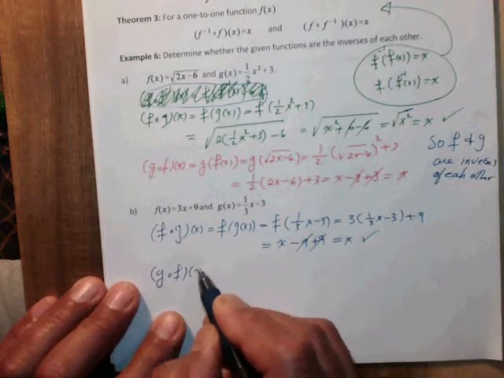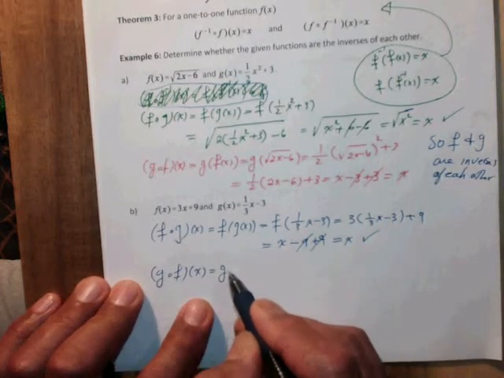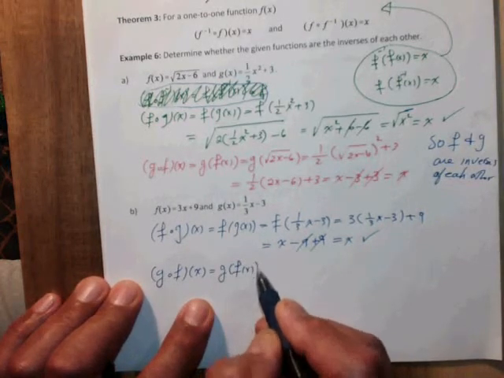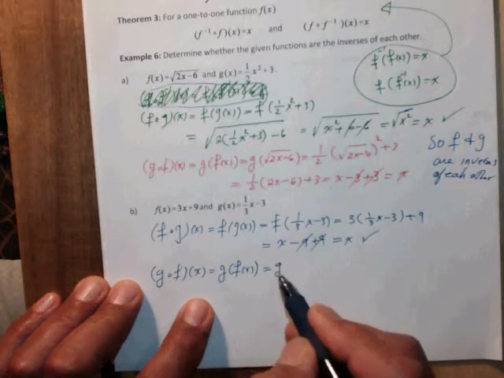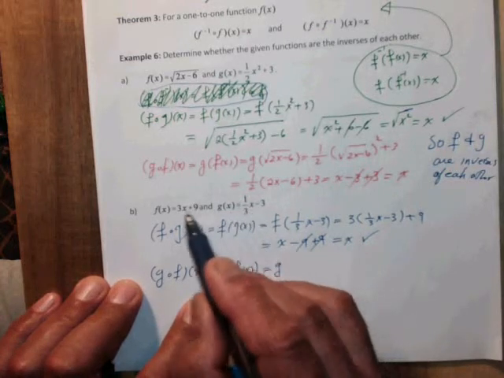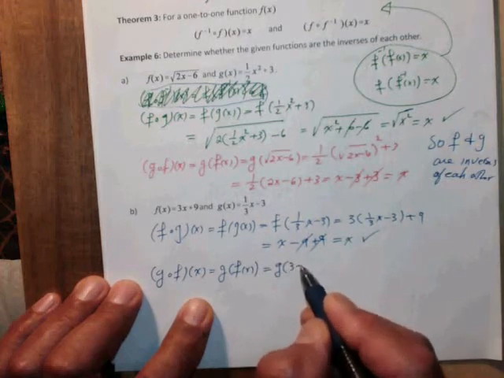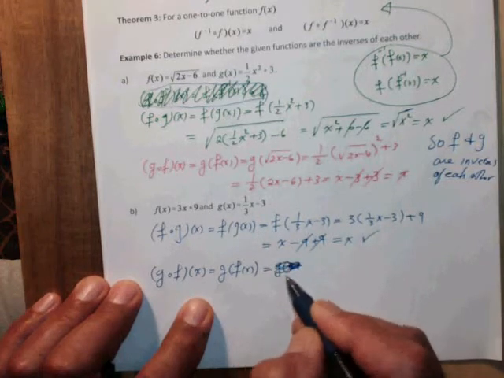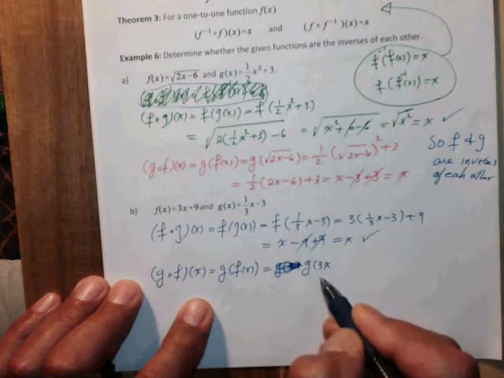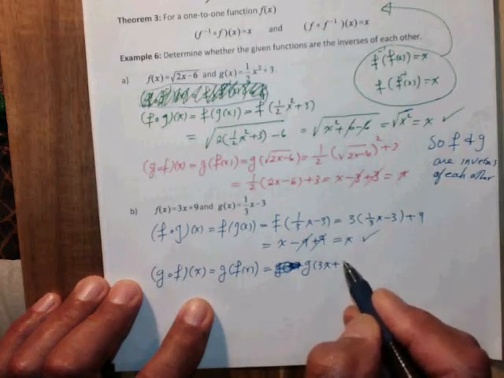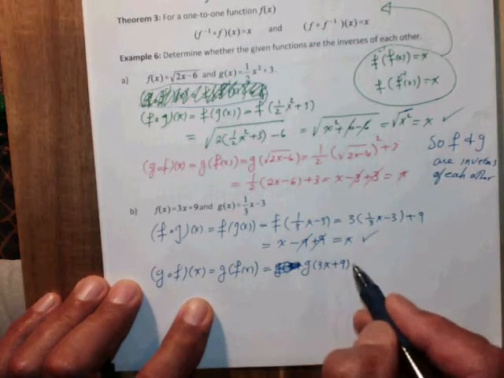Circle f at x. You get G of f of x. So that means I have to replace this x in G by all of this, 3x plus 9. This is your f.